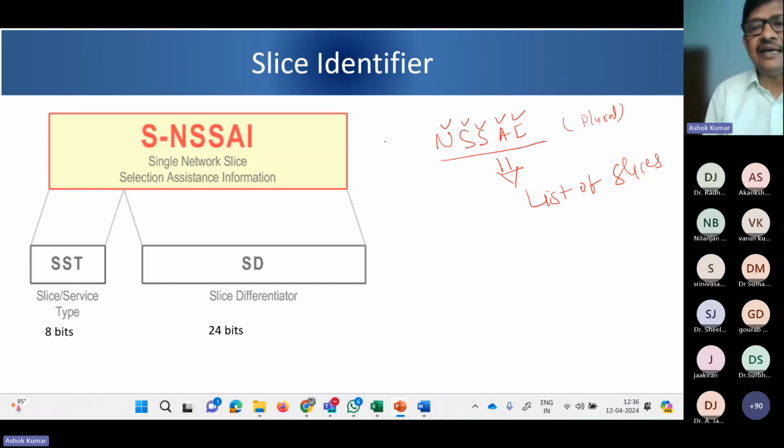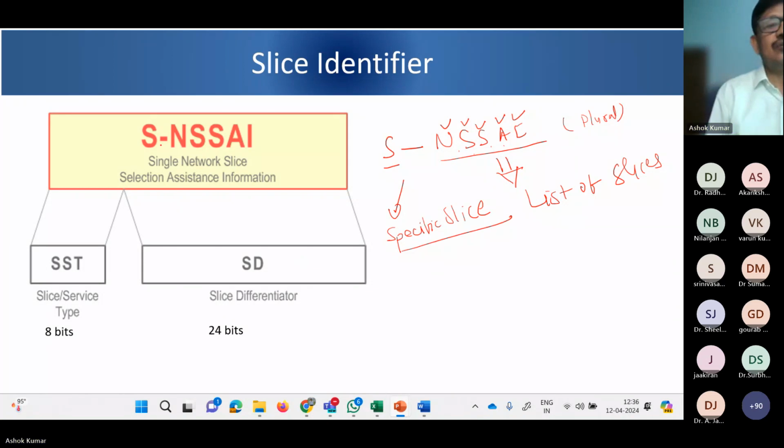When we add S before this, then it becomes single network slice selection assistance information. So then we talk about a specific slice. This is important to understand future slides. So here we are talking about a single slice.